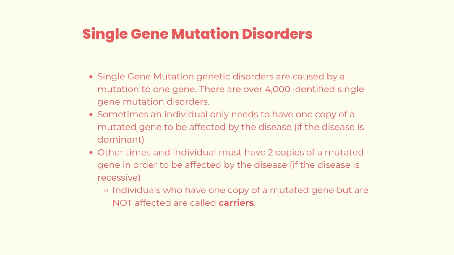And so if you are carrying a copy of a recessive disease, then again, you could be called a carrier because you'd only have one copy of that mutated gene, but you wouldn't be affected by the genetic disorder. However, you could still pass that along to offspring just based on the Punnett square and how that would be inherited.